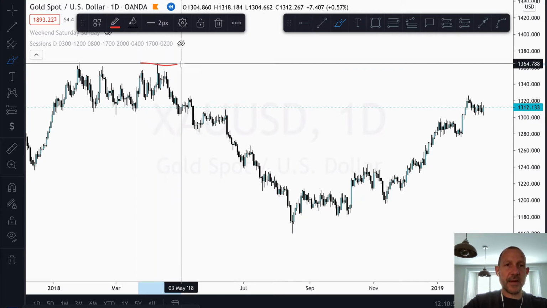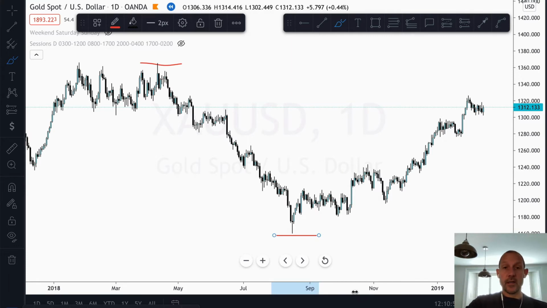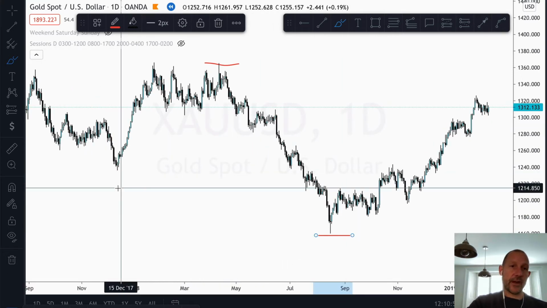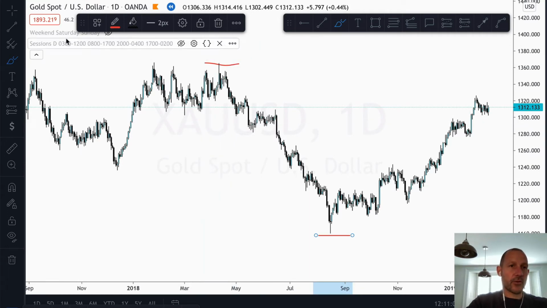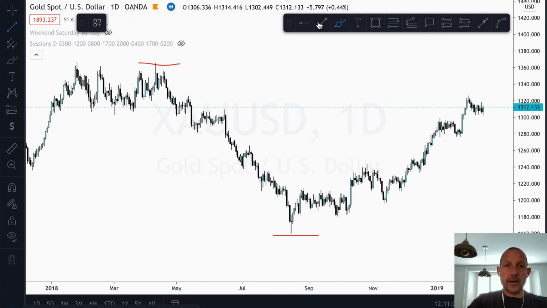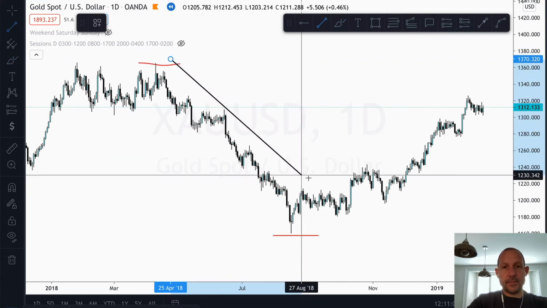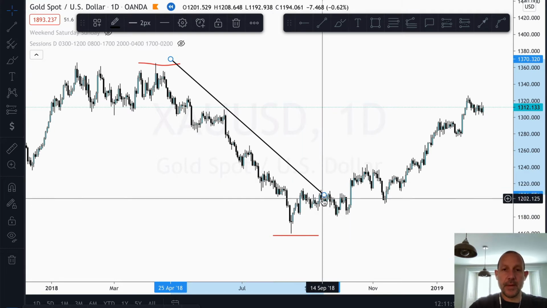This is basically the high point, and this is the low point of this swing of the trend. As I say, here you've got all sorts of stuff going on, but what I'm going to concentrate on is this trend coming down here. Okay, so this point A to point B down here.